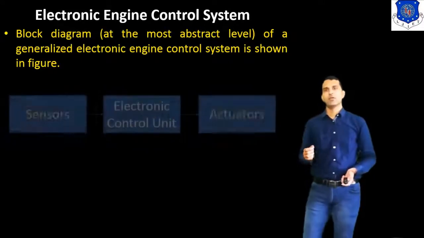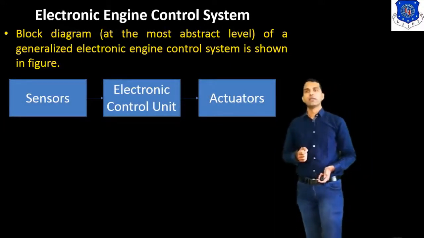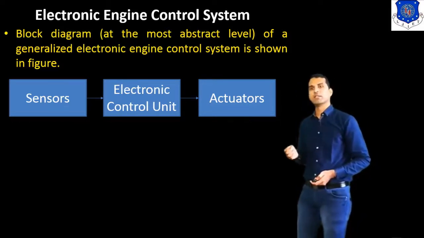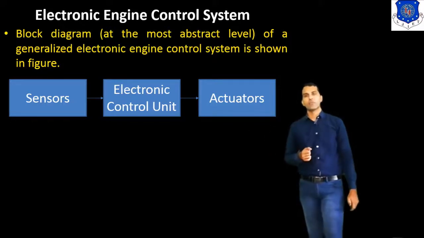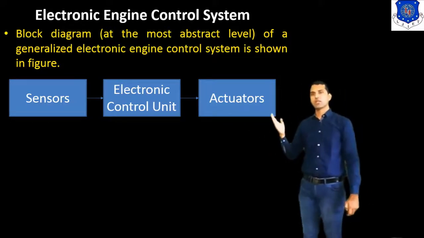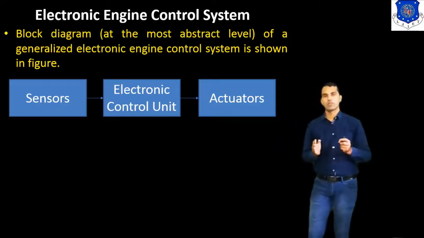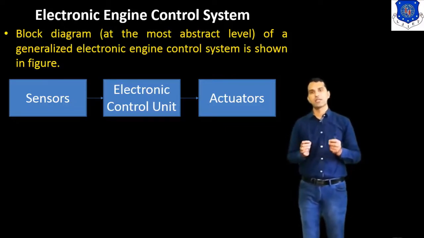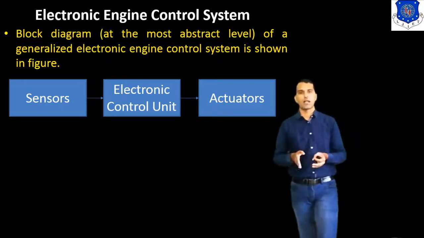The block diagram of the generalized electronic engine control system is shown in this figure. Here the middle portion indicates the electronic control unit, the ECU, engine control unit or electronic control system. These are placed inside the car.